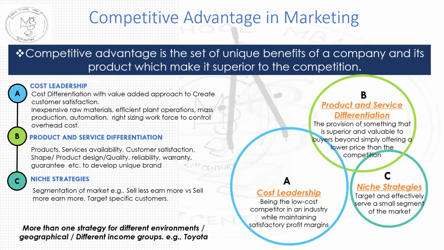Now, it is easier said than done. Now, service availability would mean that the product must be accompanied or guaranteed for its reliability, for its efficiency, and even for its replacement or maintainability.